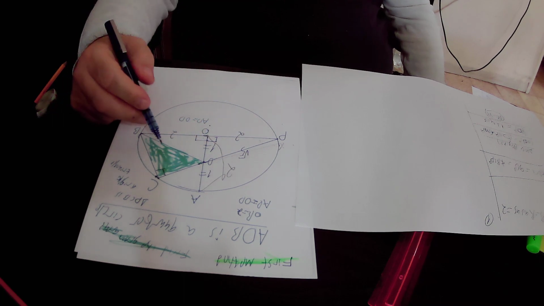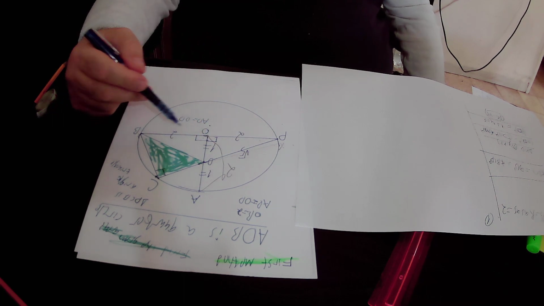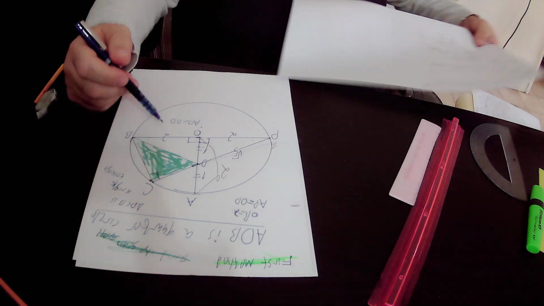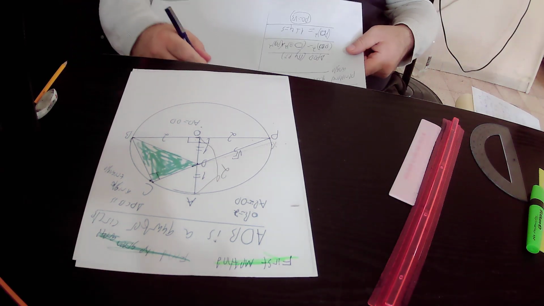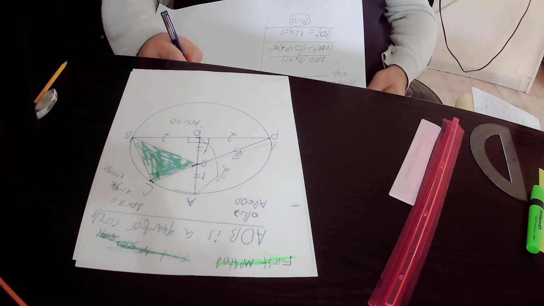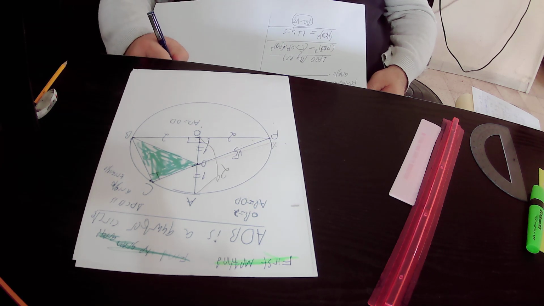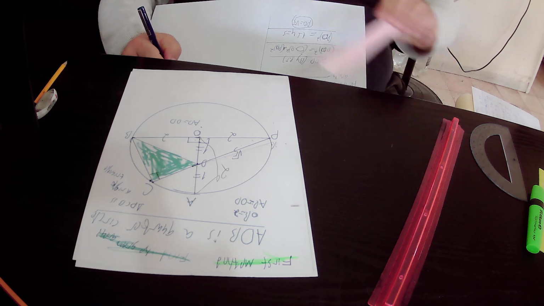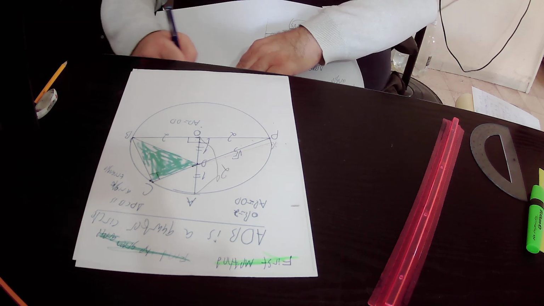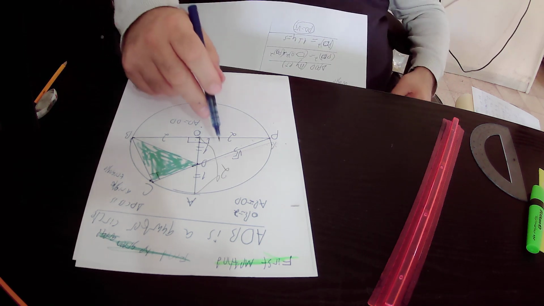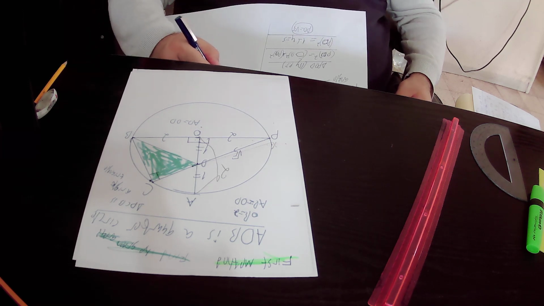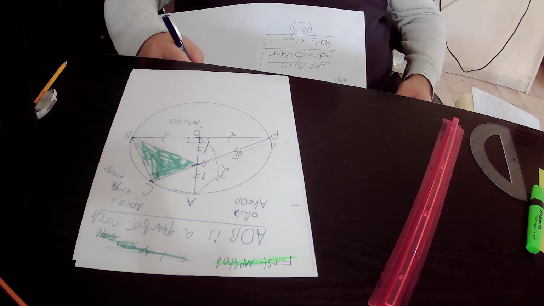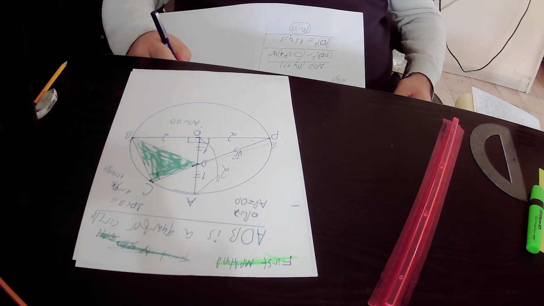We repeat the same process on the right triangle DOB. According to the Pythagoras theorem, the square of the hypotenuse equals the sum of the squares of the perpendiculars. That is to say, DB square must be equal to DO square plus OB square.